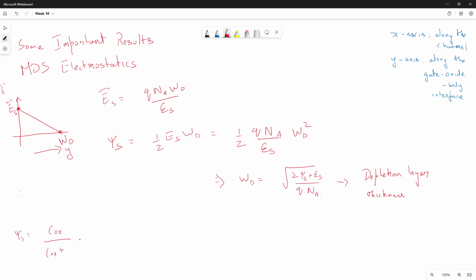Psi s equals Cox over Cox plus CD times Vg, which is equal to Vg by M, where M is equal to 1 plus CD by Cox.